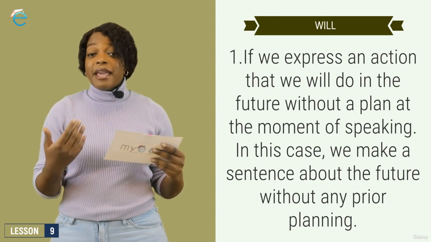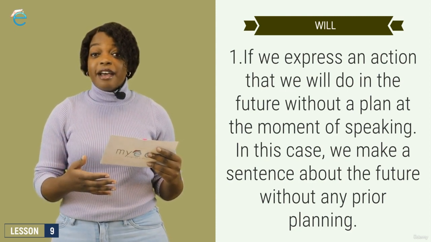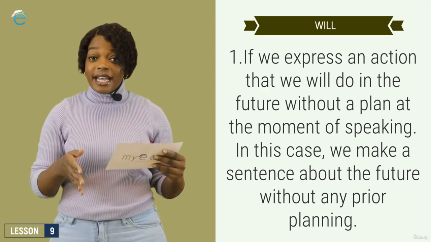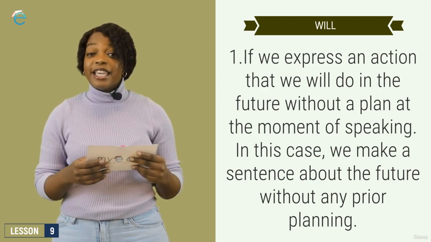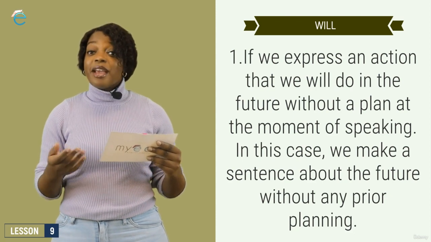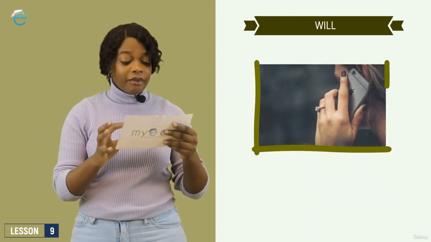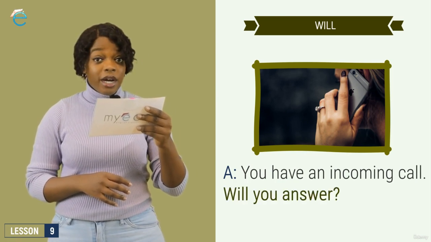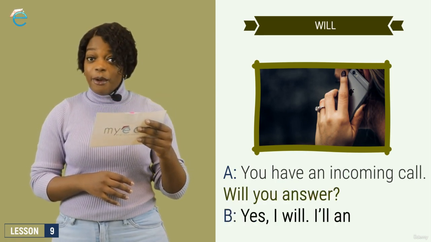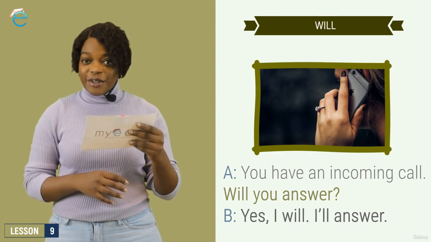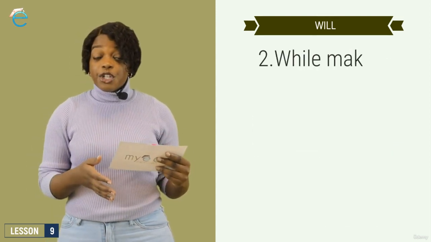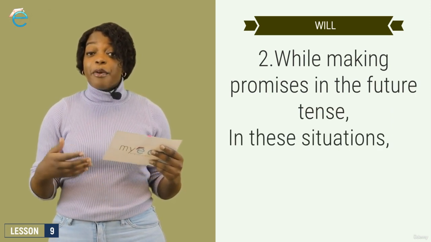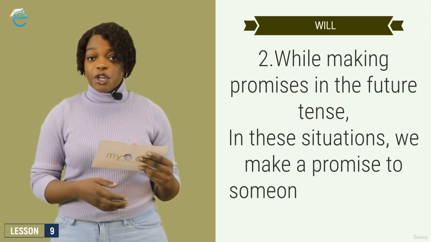So if I make a plan without having planned it much before, if I decide in that moment, I can use will. For example, you have an incoming call. Will you answer? Yes, I will. I'll answer.